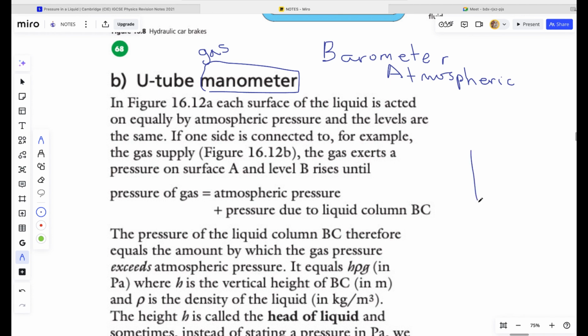Let's say you have a container, and this is open. Air from the atmosphere is acting on whatever is here. Atmospheric pressure is acting on it.